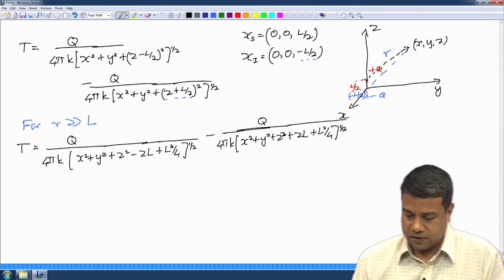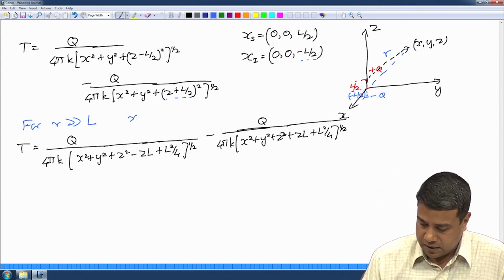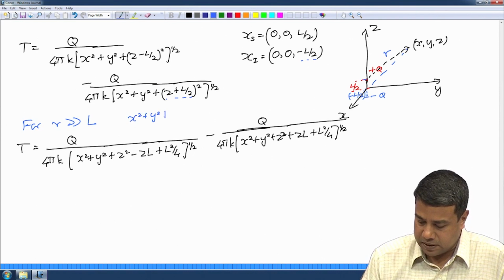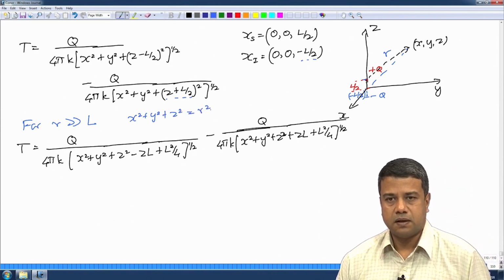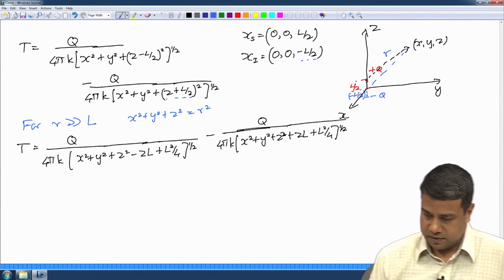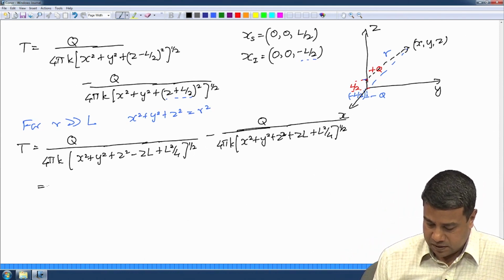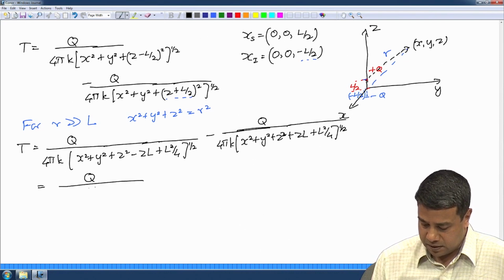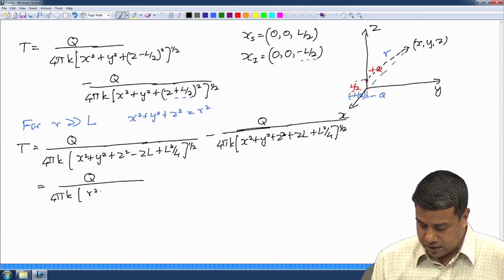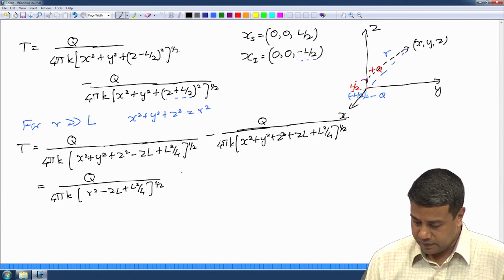Now, we use the substitution that x square plus y square plus z square is equal to r square, that is the distance from the origin. So, I will get q by 4 pi k into r square minus z L plus L square by 4, whole to the half.